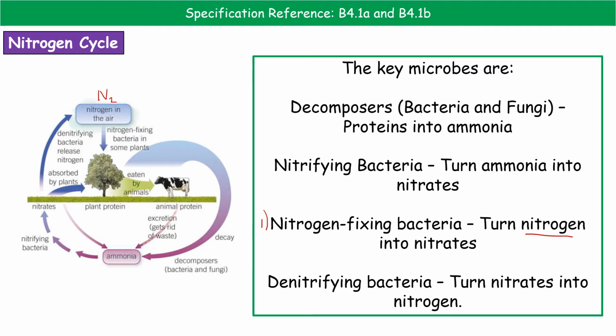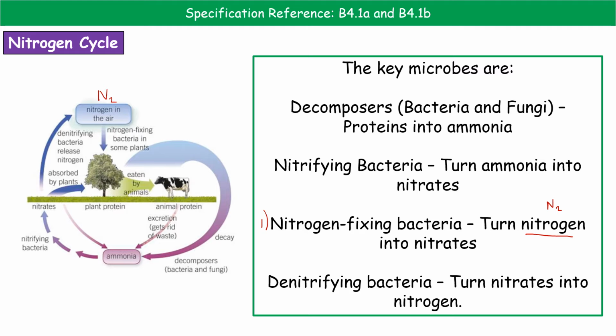Change the nitrogen, which is just our N2, into nitrates. Now we tend to find these nitrogen fixing bacteria in the soil. Some of them are associated with the roots of plants, but nitrogen into nitrates is what happens. At that point, our plants are able to take up the nitrates, and then they're going to make proteins using them. Which remember, nitrogen used to make proteins.